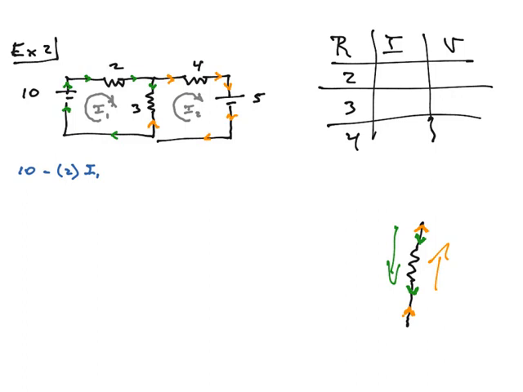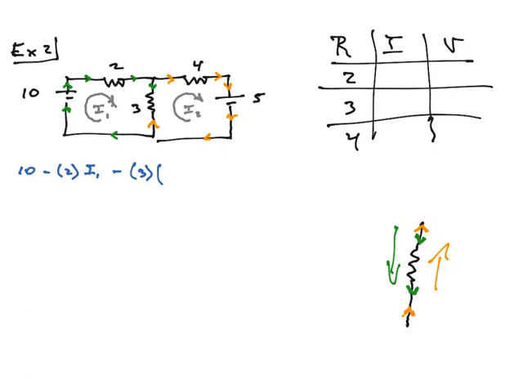So, when I go to figure out how much voltage is dropped, first of all, it's negative because we're going to drop voltage. I'm going to have the resistance, which is 3. But now when I say how much current hits it, it's I1 and I2. So I have to add up the currents, I1 and I2.